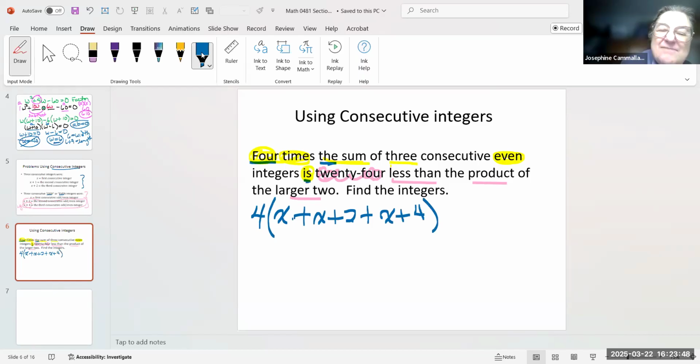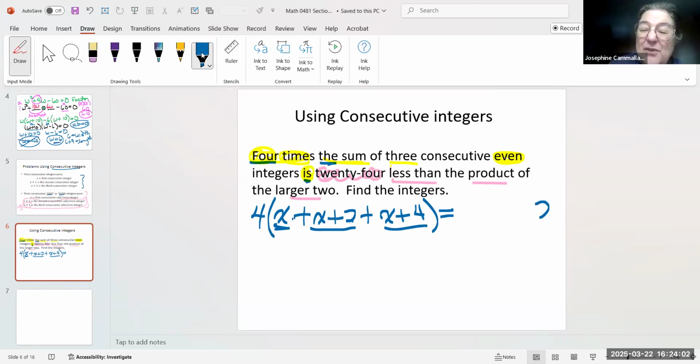There's my is. This is 1, 2, 3 consecutive even integers. Now remember, this is 24 less than the product of the larger 2, which is x plus 2 times x plus 4. These are my larger 2.